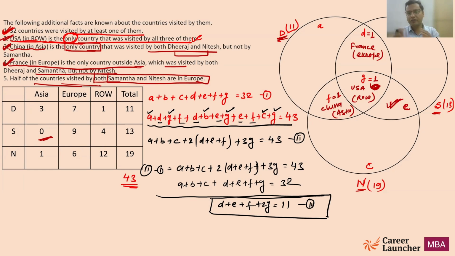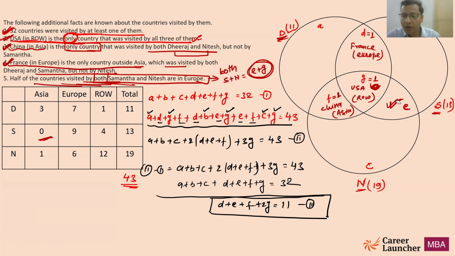So all three of them, Dheeraj, Nitesh, and Samantha, have traveled. That means Nitesh and Samantha must have traveled this, right? So can I say half of the countries visited by both Samantha and Nitesh, this area, represents E plus G. Very important, right?